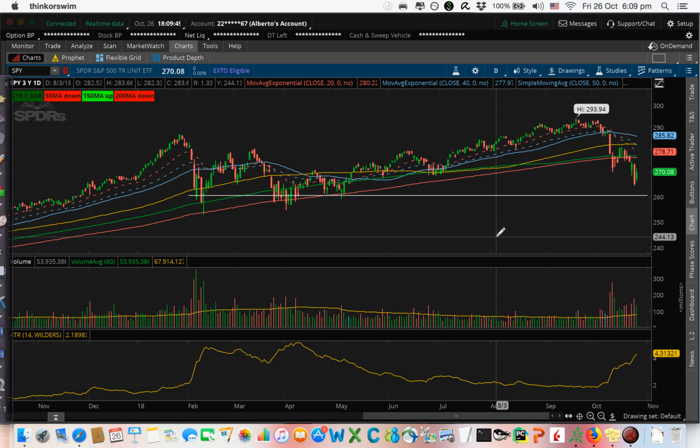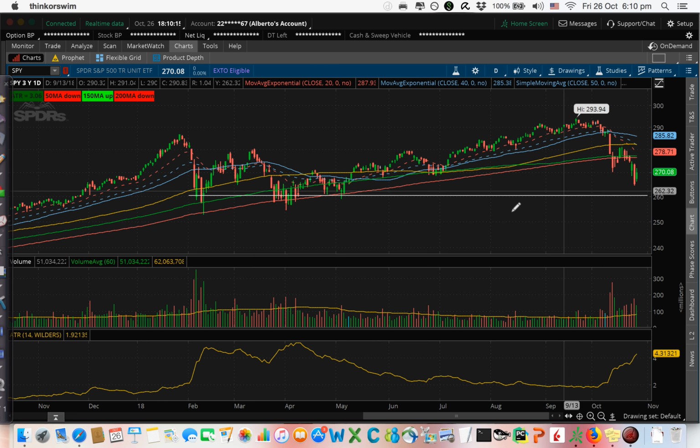So 260 may be a first level of support, meaning if the price is hitting this level and then you see some kind of reversal sign, some bullish candle, and the price starts to go up, this may be for your long-term portfolio a sign, an indication to buy more.